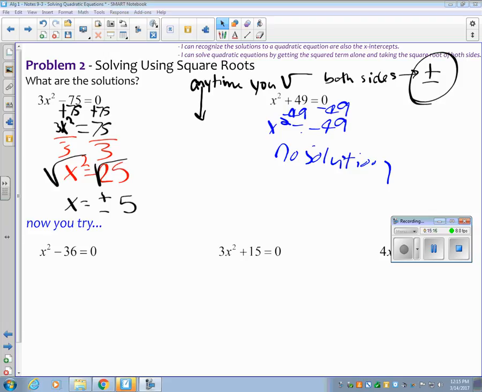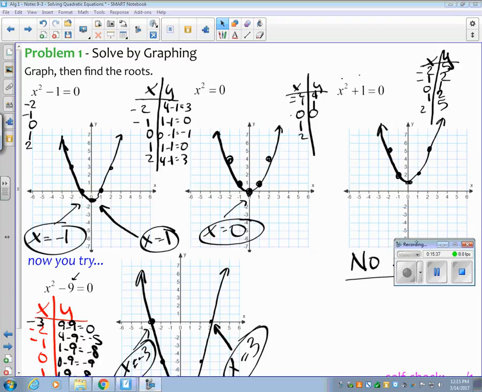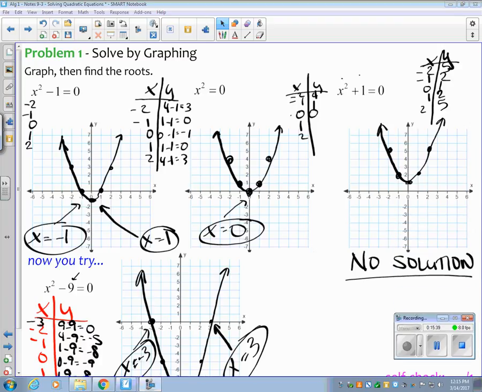There's nothing that you can square that will give you a negative number. So when you get to here, if your x squared is equal to a negative number on that right-hand side, it's going to be no solution. So you have to be watching out for that. Let me show you what that picture looks like. This was also no solution. So there's no place where that parabola touches the x-axis.